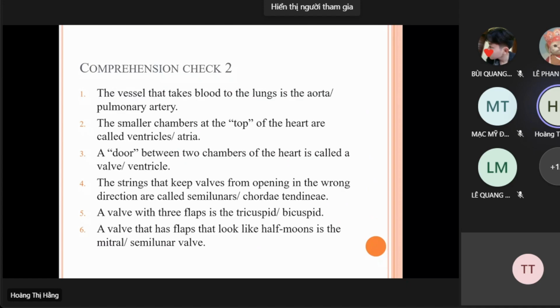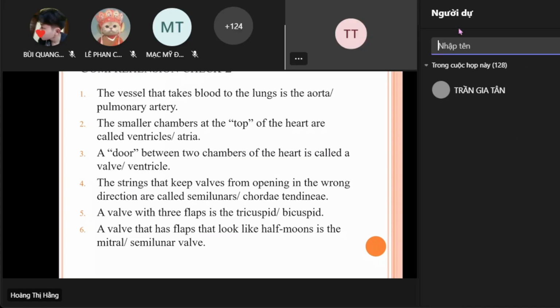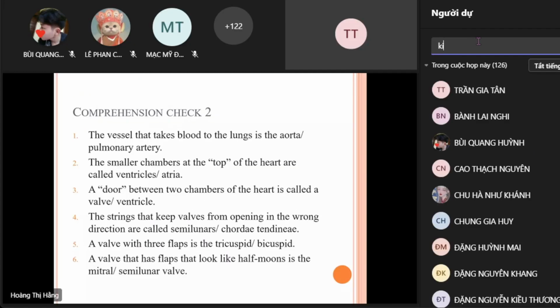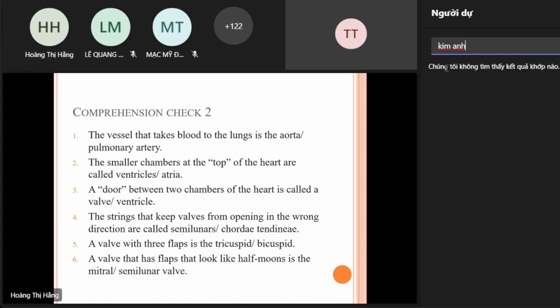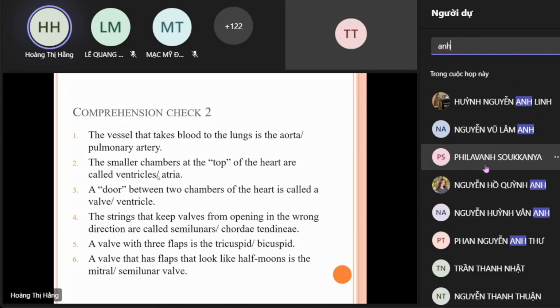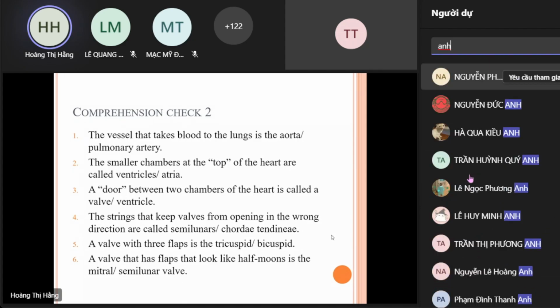Now exercise 2, comprehension 2. Let me see, page 184. Trang sách của cô là trang 184 các bạn, trước cái phần mà tracing the path of blood through the heart. Thấy chưa? Rồi bài này hôm trước cô chưa có sửa ha, nay mình sửa luôn nha.